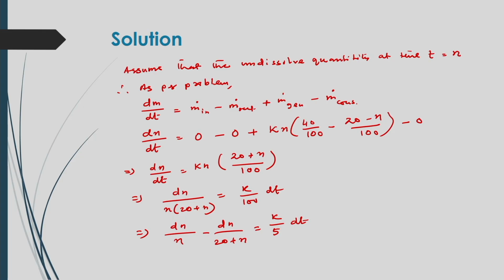After that we can write dN by dt equal to kN into (20 plus N) by 100, from which we can write dN by N minus dN by (20 plus N).